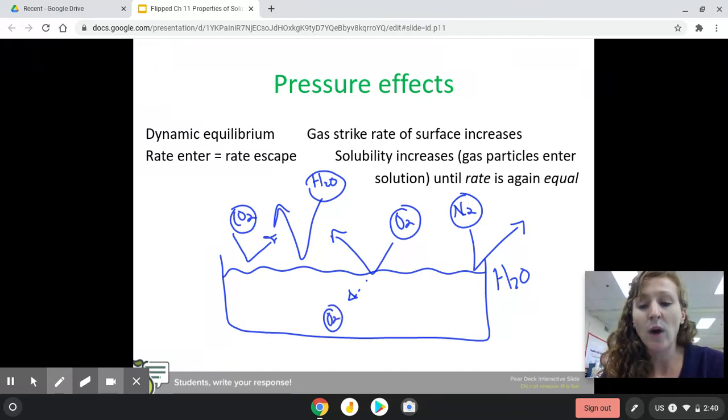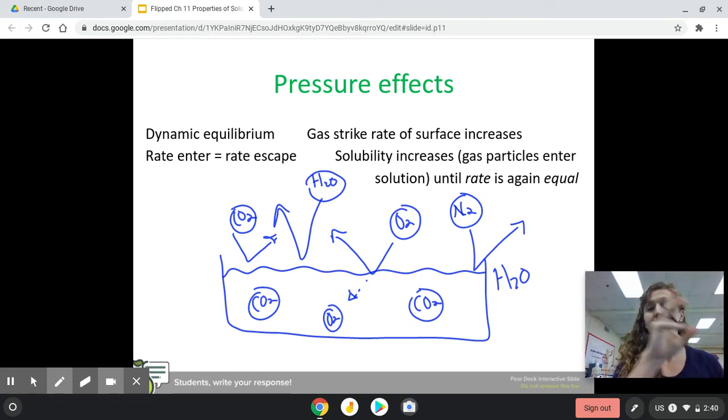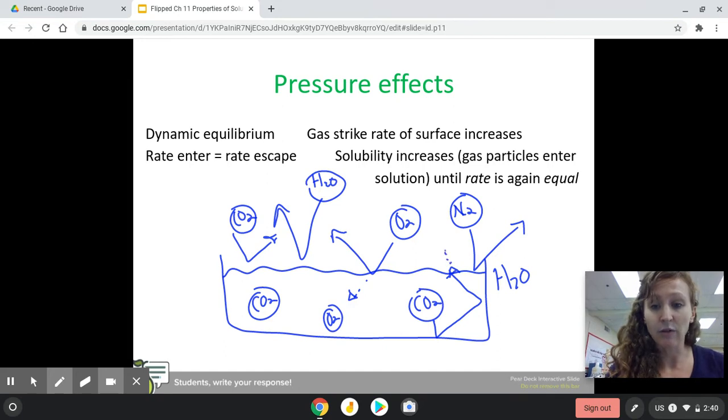Now, in the same way, if we have gases inside our solution, these gases are going to be moving around inside the solution. And as they do, they're going to hit container walls. And then at some point in time, they're going to hit the surface also. So if they hit the surface with enough force, they could actually break free out of the solution.